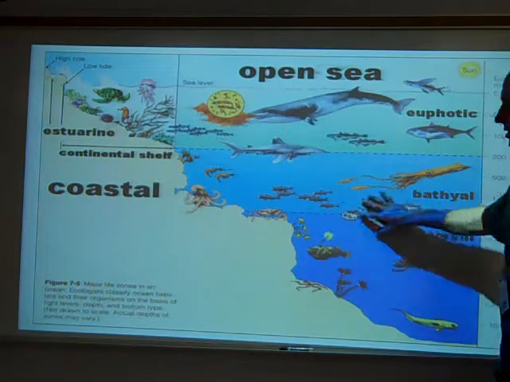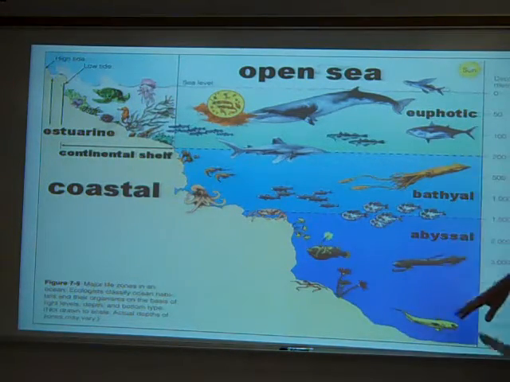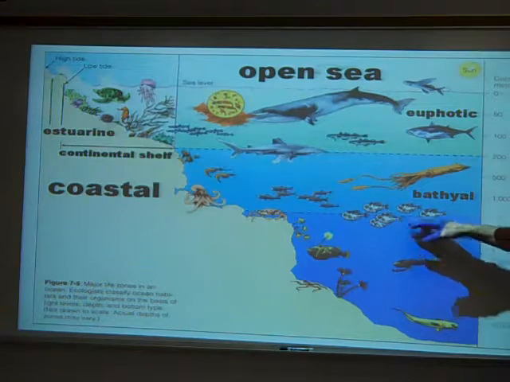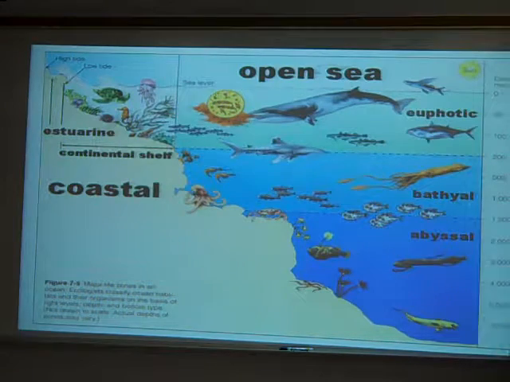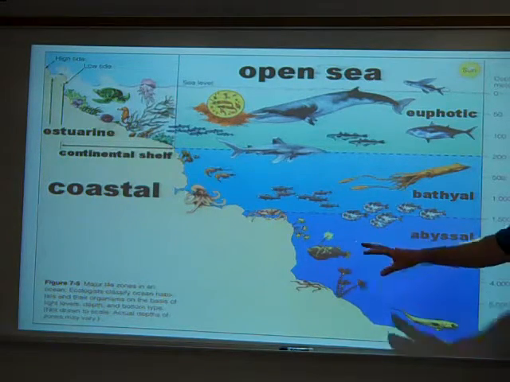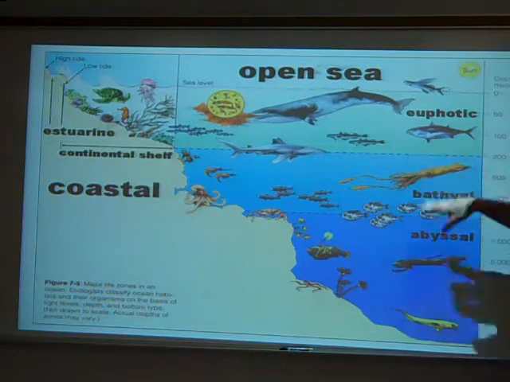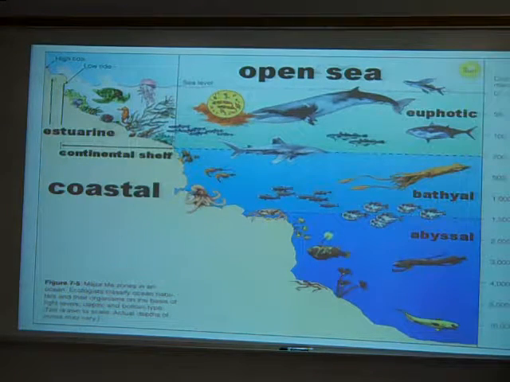And then, of course, you have the areas below the deep ocean where you don't have sunlight penetration, and these organisms have to depend upon the waste products that filter down from above, and they also have to be well adapted to high pressures. Okay, so just some of the basics about the different areas of the ocean, and what kind of productivity you might expect there.